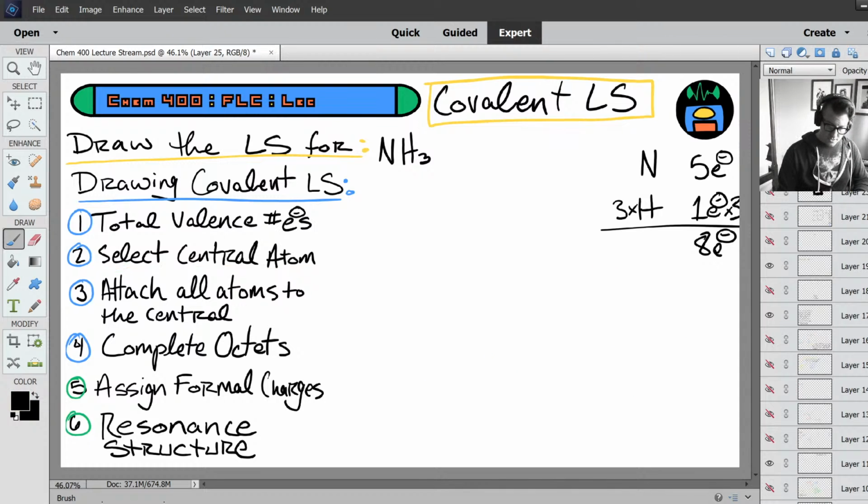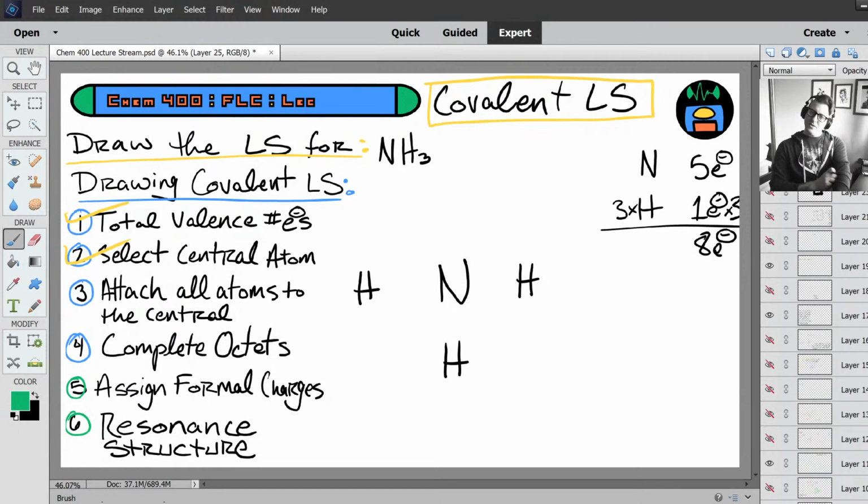All right, so we put nitrogen in the middle. We've handled step 1, step 2. Now we need to attach all other atoms to our central. So we have these 3 hydrogens that we need to attach to nitrogen. We know that hydrogen will want to make a bond with nitrogen.